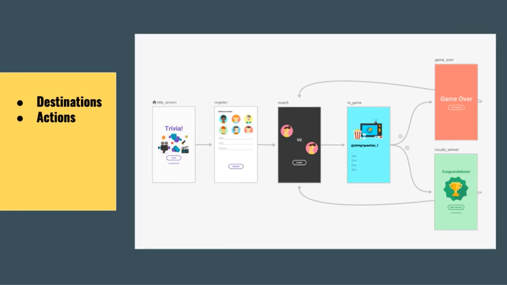So if we look here, we can see that we can go from the title screen to the register screen. We can go from register to match, match to in-game, and then from in-game we can go to game over or results winner. And then from either of those screens we can go back to match.